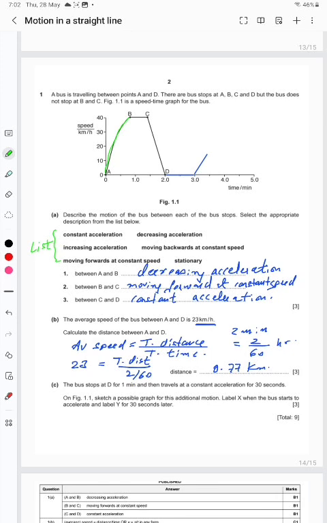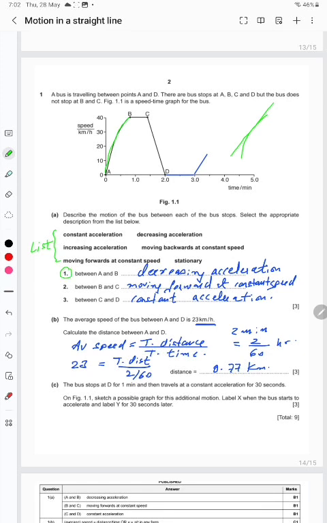Then you have to follow the gradient of the line. If this is the curve, then you have to imagine a tangent touching the outer boundary of the curve. And if the gradient of the tangent is decreasing, this means that in this context, acceleration is decreasing. So the option is decreasing acceleration for this part.